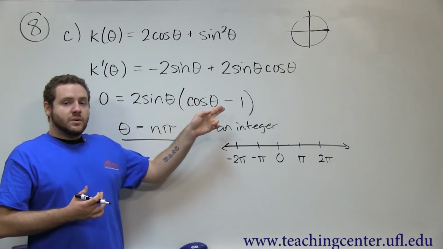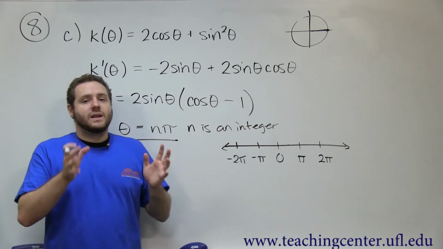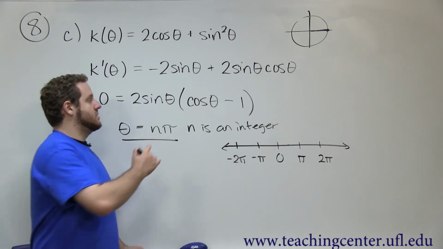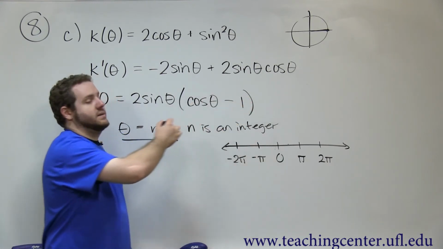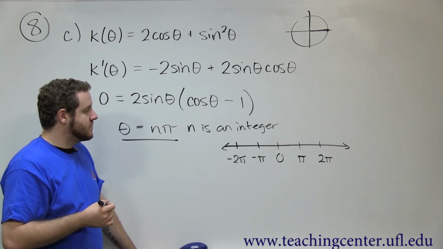If it's not 0, it has to be negative, because if you're any other number between -1 and 1 and you subtract 1, it's a negative number.